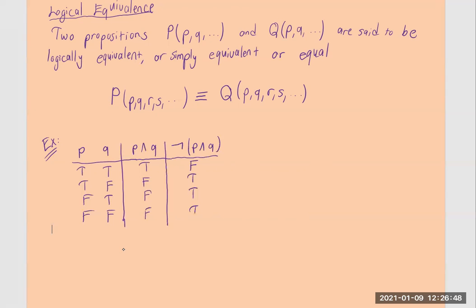So let's write again P and Q, basically some kind of proof. Here is true, true, true, false, false, true, and false, false.